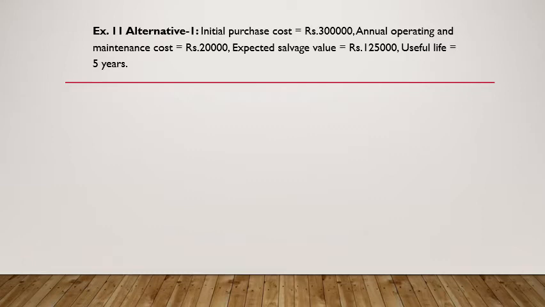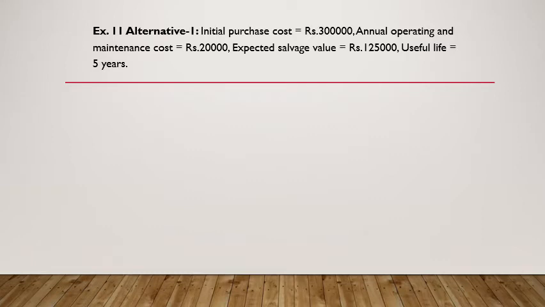The same problem we discussed for future worth, and we have taken the same example for annual worth. Why have I considered the same example for all three methods? Just to make you understand one particular case can be discussed in any of the methods. There is no rule that as the cases change I have to change the method of comparison.